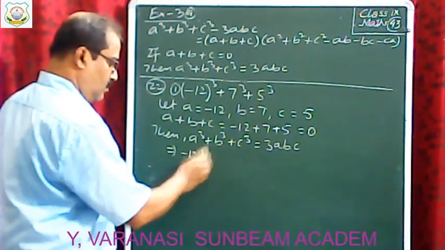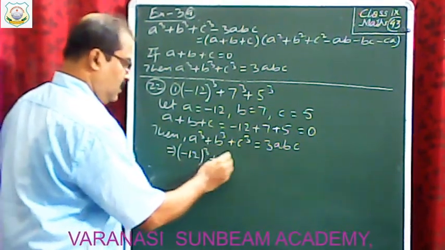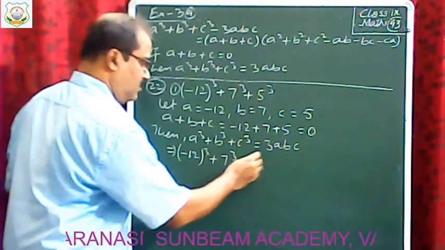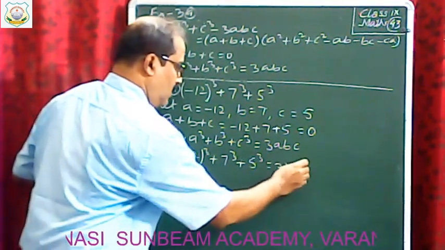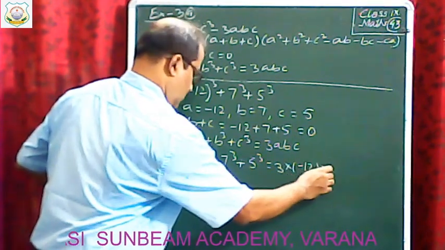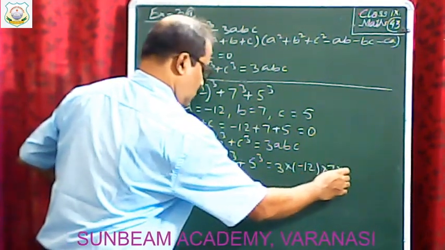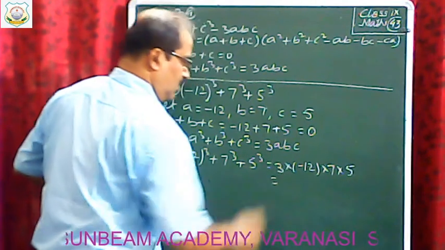So a means minus 12 whole cube, plus b cube means 7 cube, c means 5 cube, equal to 3 into minus 12 into b, 7, into c, 5. I have to calculate.